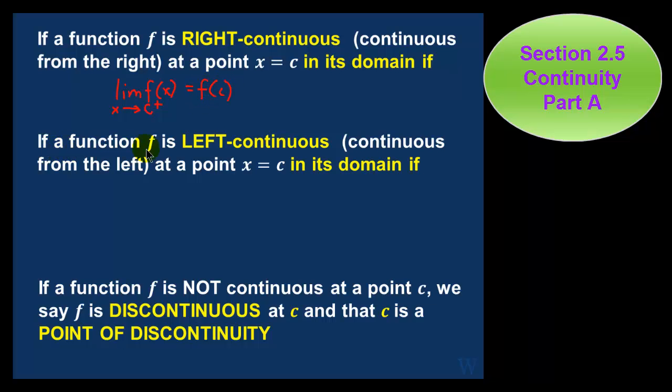A function f is left continuous at a point x equal to c in its domain if the limit of f of x as x approaches c from the left is the function value. Otherwise, a function f is not continuous at a point c. We say it's discontinuous, or c is a point of discontinuity.